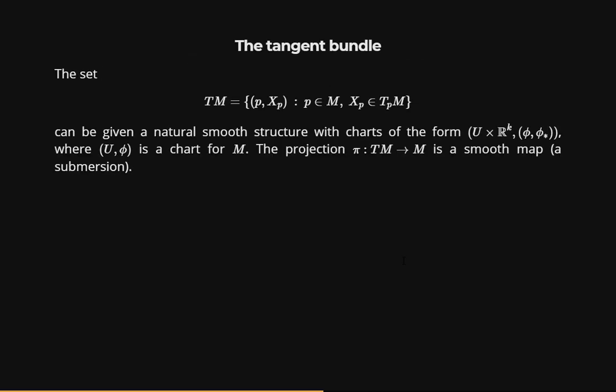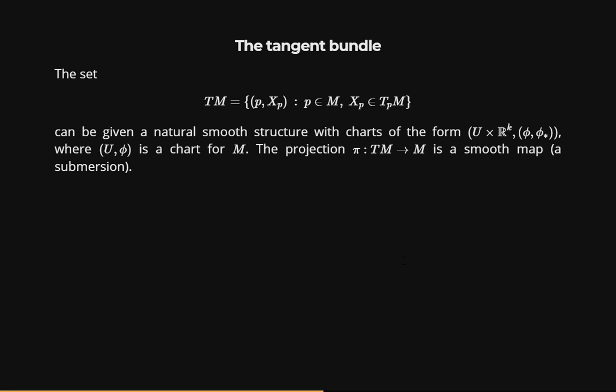Now, the tangent bundle. We can glue up all the tangent spaces. So we build the set of couples, point and tangent vector. The point is on M, and the tangent vector is in the tangent space at P, like we did in R^k. Now, we should prove that this is again a manifold. How?